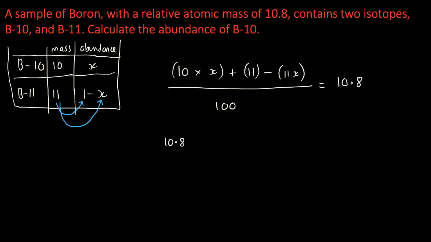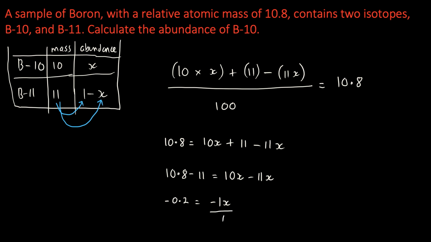This gives us 10.8 equals 10x plus 11 minus 11x. Move the numbers to the left and we get 10.8 minus 11 equals 10x minus 11x, which simplifies into minus 0.2 equals minus 1x. Divide both sides by minus 1 to get x on its own. So 0.2 equals x, which is 20%.